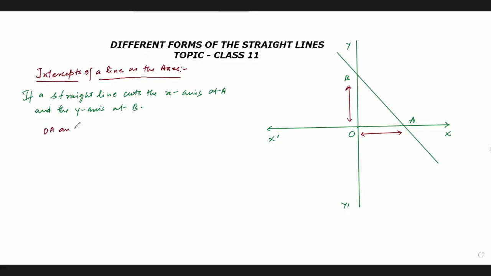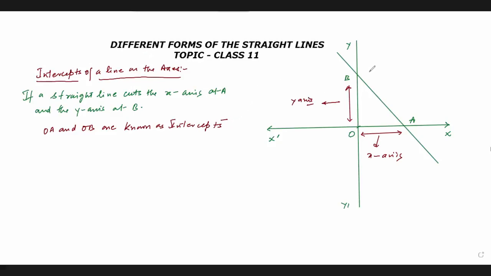So OA and OB are known as intercepts. OA is the intercept on the x-axis and OB is the intercept on the y-axis.